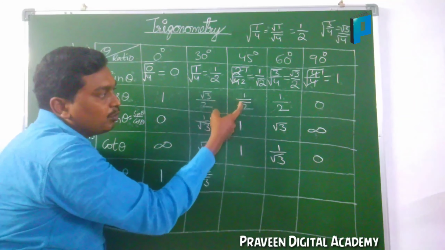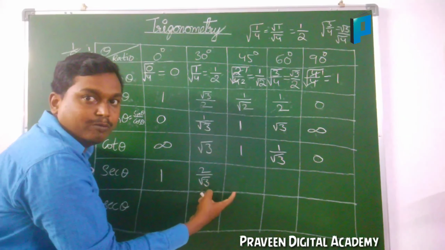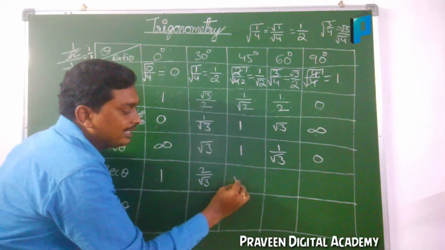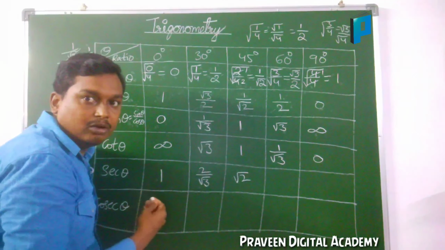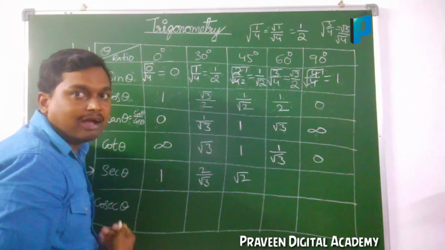What is the reciprocal of 1 by root 2? Root 2 by 1. Root 2 by 1 itself we can say as root 2. Why? Because if the denominator is 1, there is no need to consider it. Here 1 by root 2 is root 2 by 1, and root 2 by 1 is called root 2.